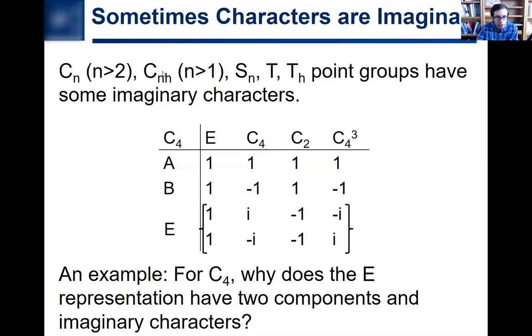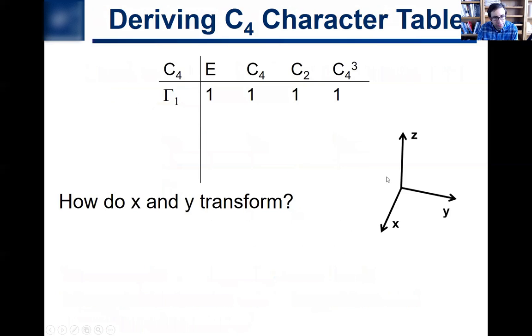These are the point groups that have imaginary characters: the Cn point groups, Cnh, Sn, and Th. So these are actually fairly rare point groups, and a lot of these are chiral. Actually, all of them are chiral.